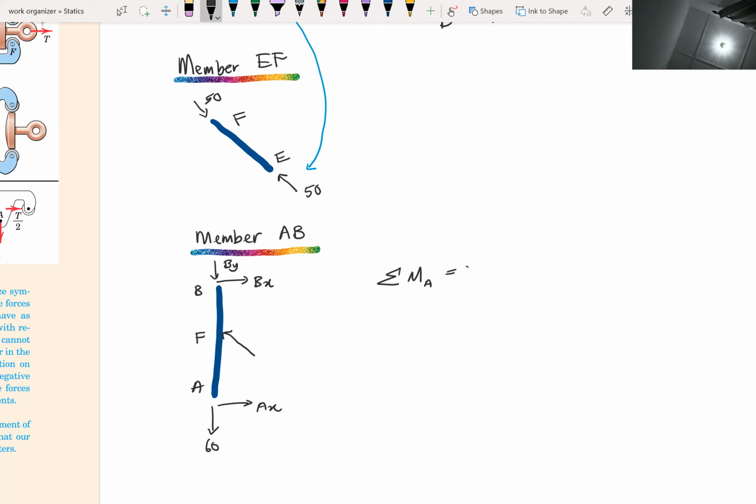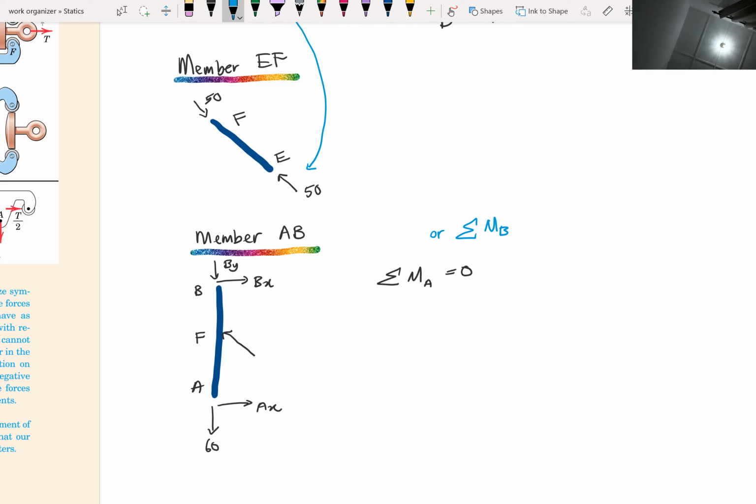Equal to 0. You can also use summation of moment at B. Then we can determine the AX.